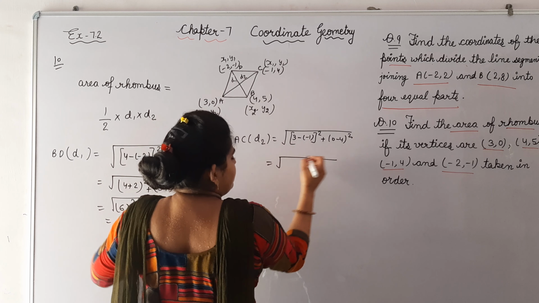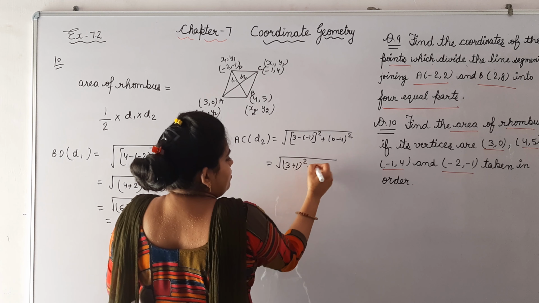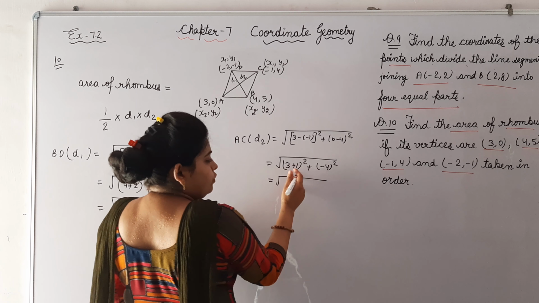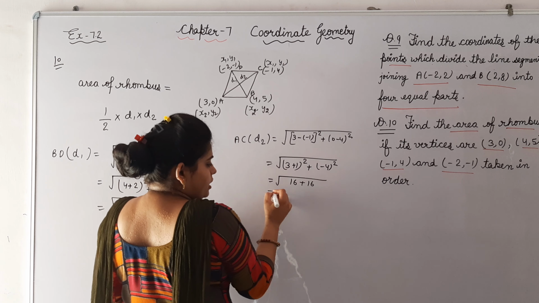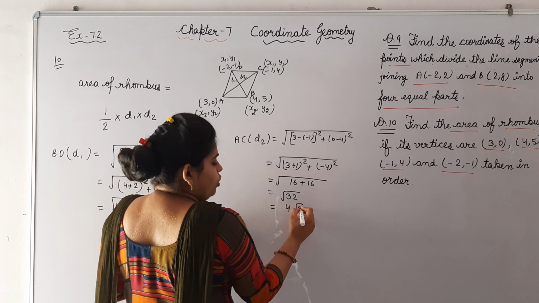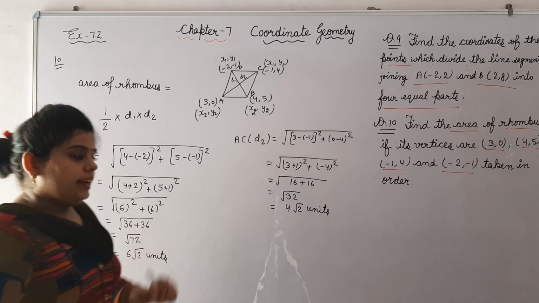From here 3 plus 1 whole square plus minus 4 whole square. Now from here 3 plus 1 is 4 square. 4 square is 16 plus minus 4 square 16, and it is equal to root 32, and from here we will get 4 root 2 units. This is the length of the second diagonal.